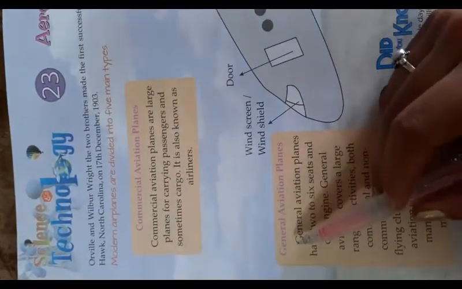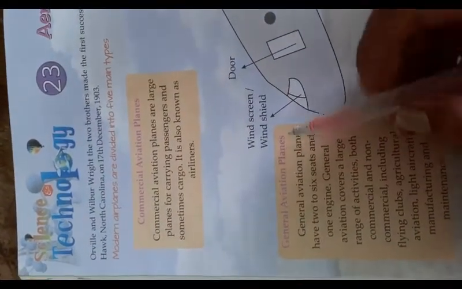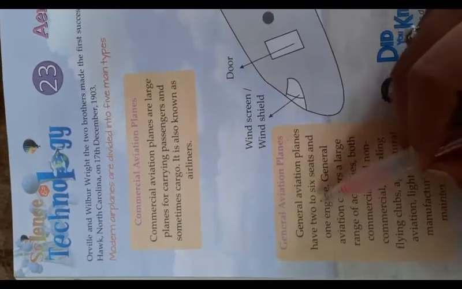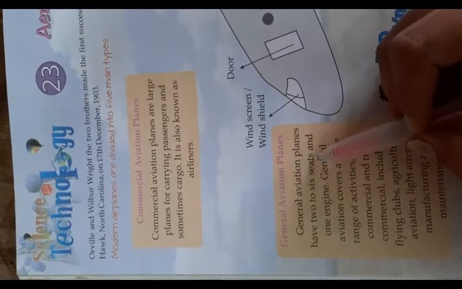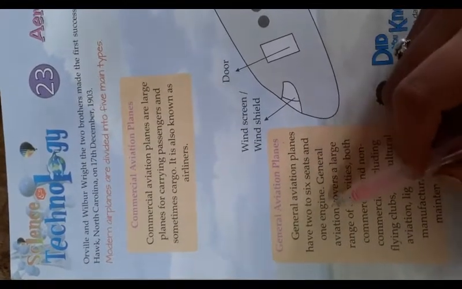Next is general aviation planes. General aviation planes have 2 to 6 seats and 1 engine.